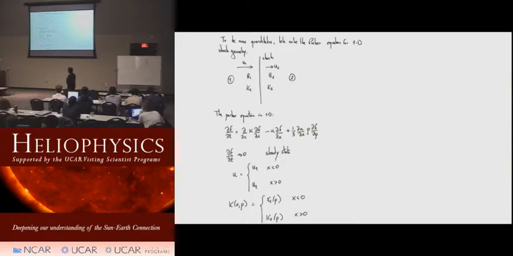Okay, so here is a Parker equation, and I'm going to do it in a parallel fashion. B1 is along U1, okay? So I'm going to write it in 1D. You have the diffusion term, the convection with the flow U, and the acceleration term, okay?